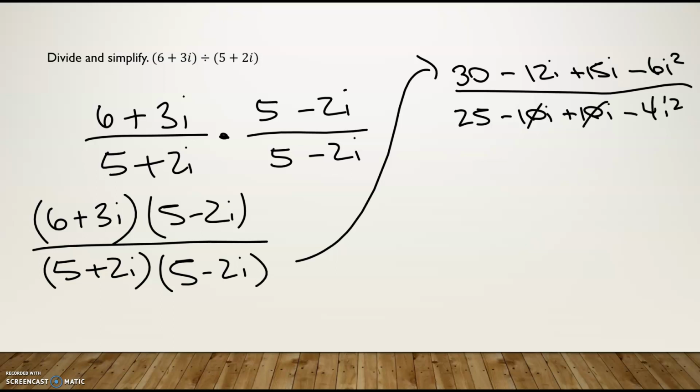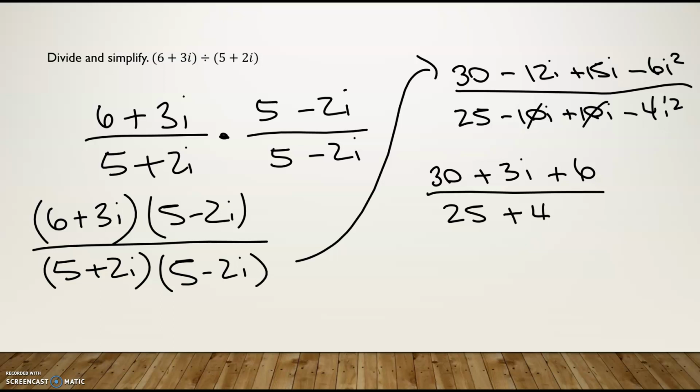I'm going to get rid of these 10s. I'm going to combine the negative 12 and the 15. So I've got 30 and then plus 3i. And then I'm going to change that i squared to a negative 1. So that'll give me positive 6 over 25. Change that i squared to a negative 1, plus 4.